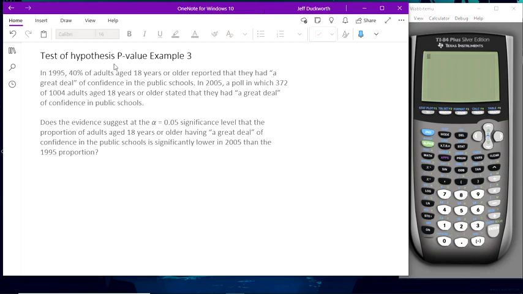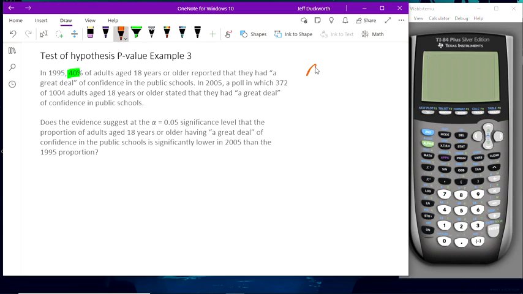So our null and alternative hypothesis, well, first of all, let's take a look at the information that we have here. Our p sub 0 is 0.4. That's what we're testing.